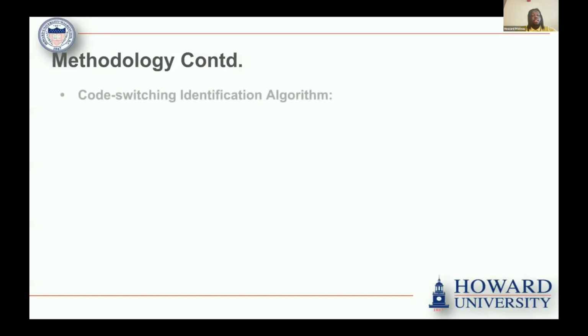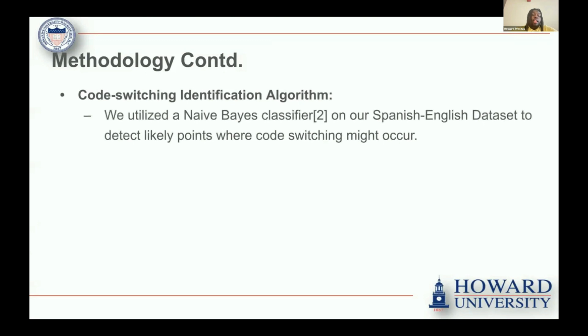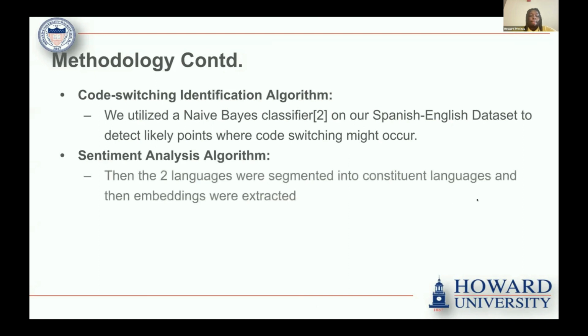Our methodology continued: the code switching identification algorithm. We utilized the Naive Bayes classifier on our Spanish English data set to detect points where code switching might occur. I would like to speak a little bit more on that.